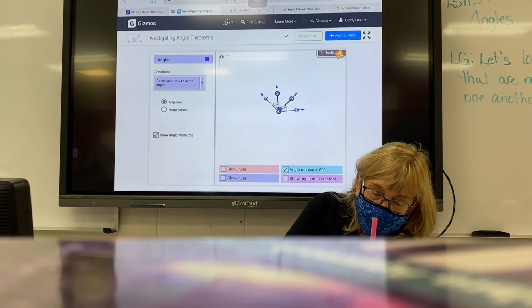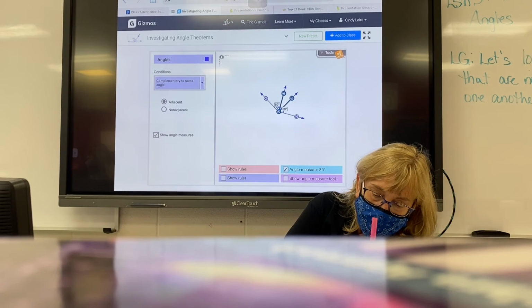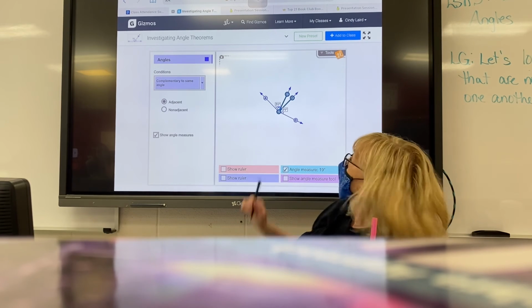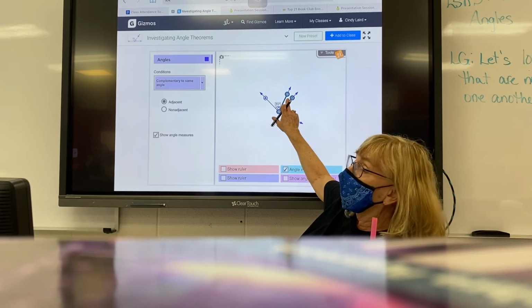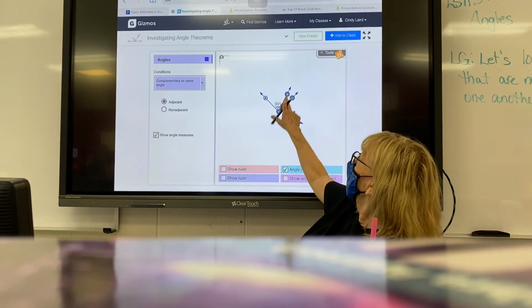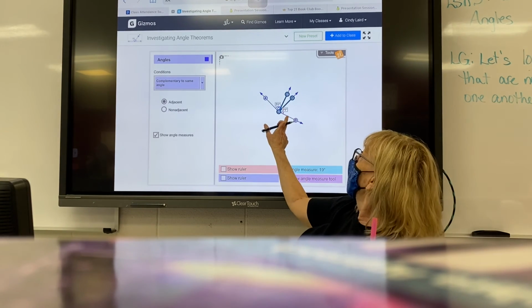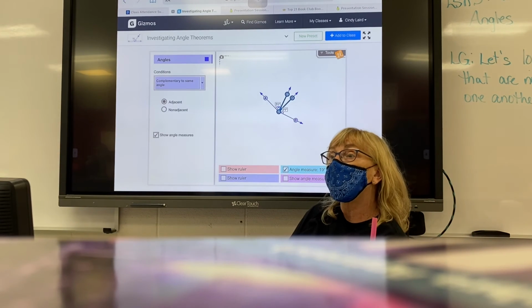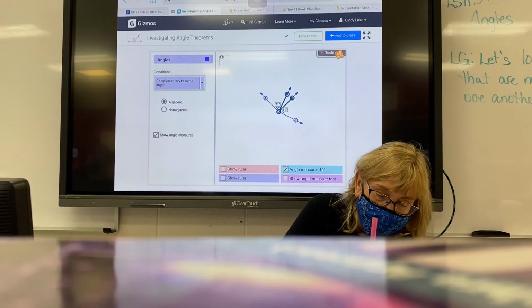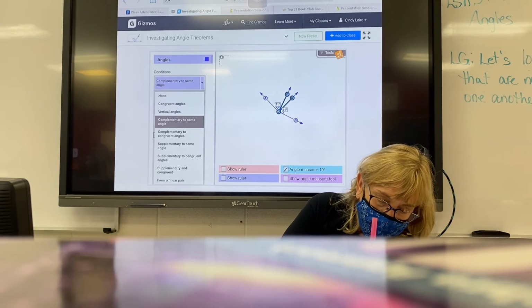If I rotate this, I've got 71 here. What's complementary to it? The 19, the little one right here. Or if this one is 71, this one is complementary to it there. Okay?